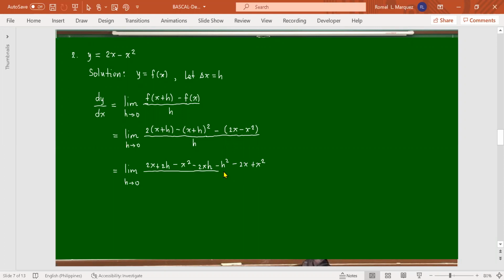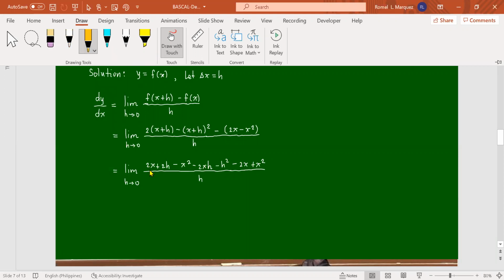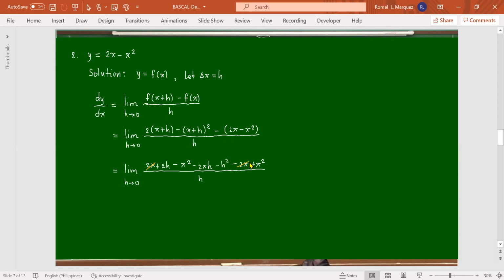Okay? As a check, all the terms in the numerator should be left with h or delta x. So all the terms without h should disappear. So 2x should disappear. Negative x squared. All that's left have h.